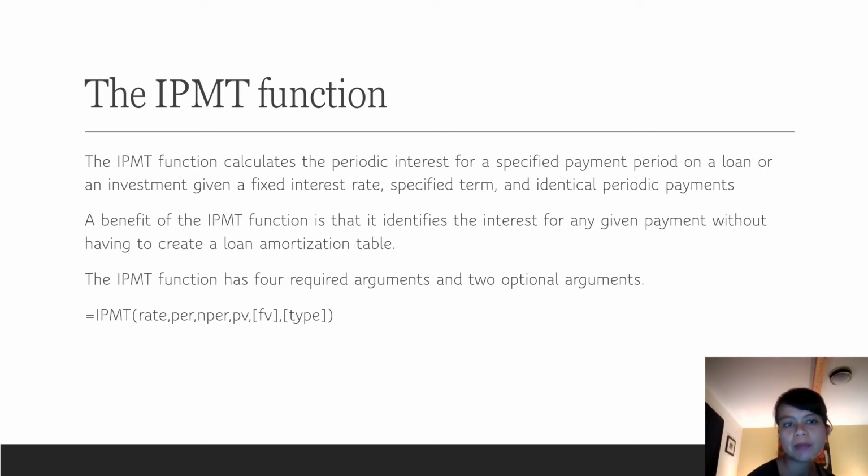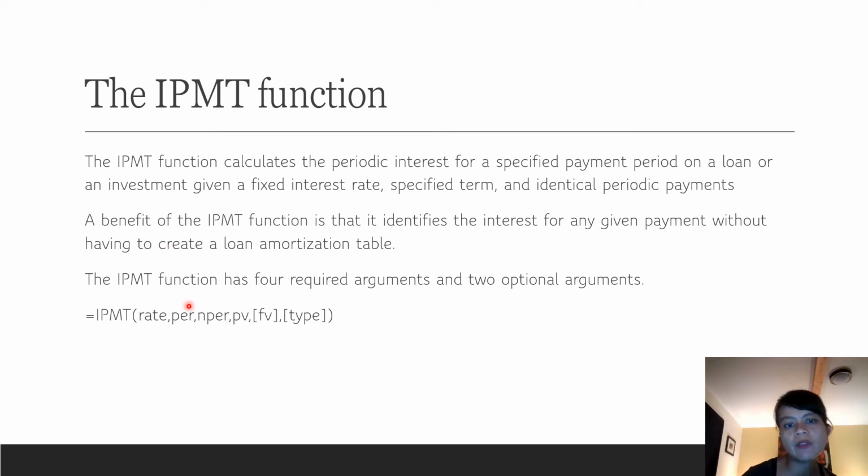So the IPMT function calculates the periodic interest for a specified payment period on a loan or an investment given a fixed interest rate, specified term, and identical periodic payments. The benefit of this function is that it identifies the interest for any given payment without having to create an amortization table.